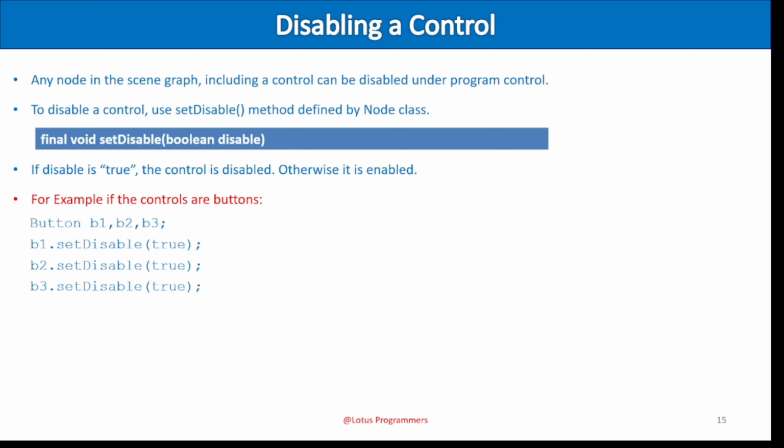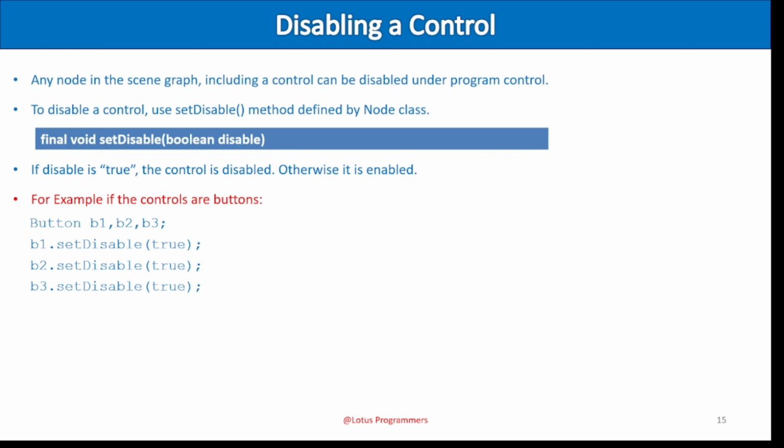Let us take an example. Let us take button components B1, B2, B3. When we call setDisable(true) on button B1, the control is automatically disabled. When you call the same method on button B2, the button component is automatically disabled.